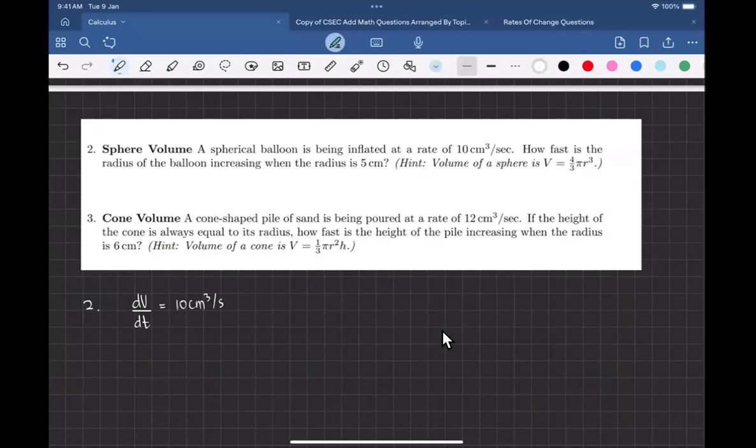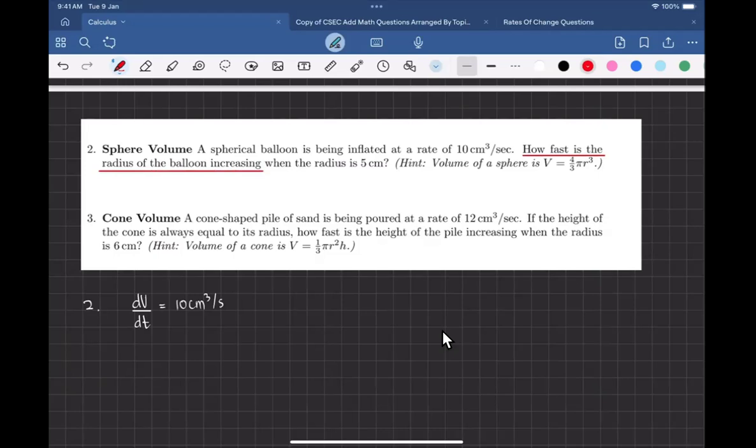And then the question asks how fast is the radius of the balloon increasing when the radius is 5 centimeters? The radius is equal to 5 centimeters, that's explicit information. But fill out the question: they're asking how fast the radius of the balloon is increasing.